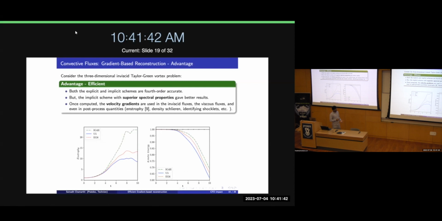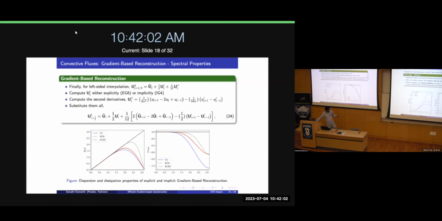So what is the advantage? As I said, you compute once and use it in several places, so it becomes extremely efficient. All the schemes that we have derived are fourth order schemes, but the implicit scheme, which is given by this green curve, is giving much better results than the explicit scheme. Because the dispersion properties of the compact scheme are much better than the explicit scheme, that is why it is able to give much better results.